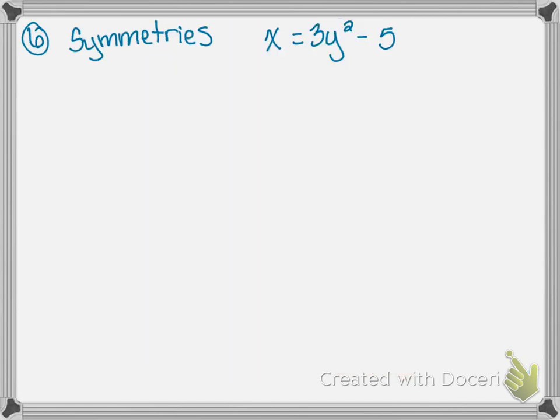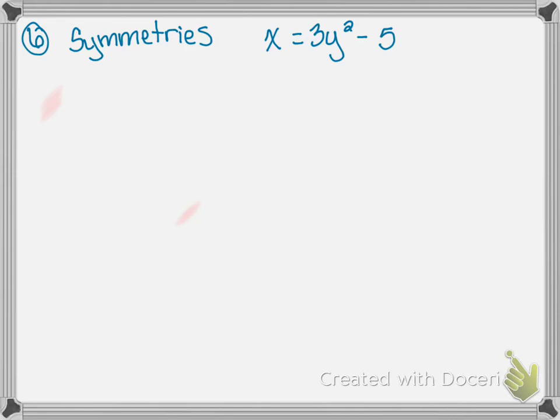Now, number 6. This is one that students struggle with quite a bit. So let's talk through what actually happens when we're talking about the symmetry of an equation or the symmetry of a graph. There are 3 symmetries that we look at.